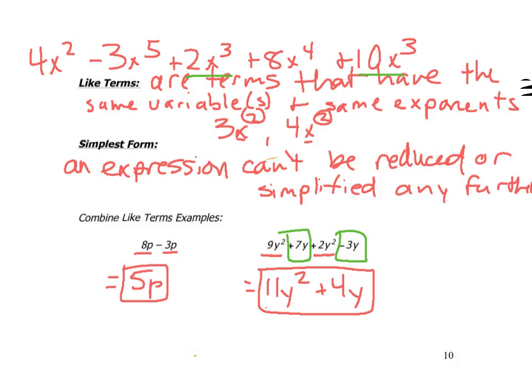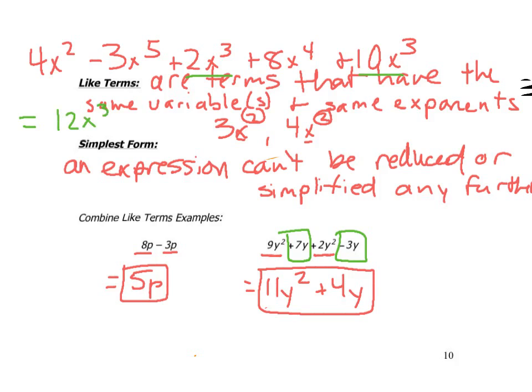Now, even though the other terms are not like terms, that doesn't mean that you just forget about them, or try to shove them together, okay? If they're not like terms, they're not like terms, and that's okay. Sometimes you may have 10 terms and only 2 of them go together, so the rest are just there to be there, okay? So, putting these together, I get 2x cubed plus 10x cubed is 12x cubed, okay?